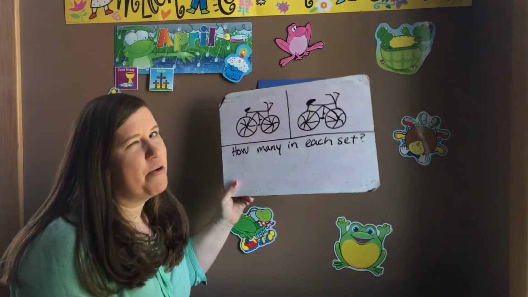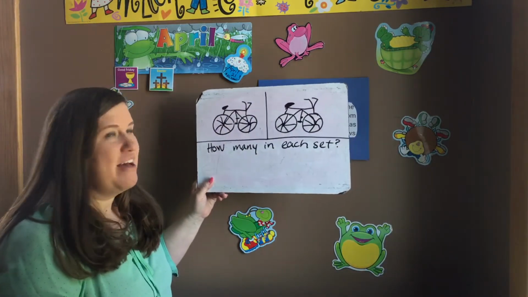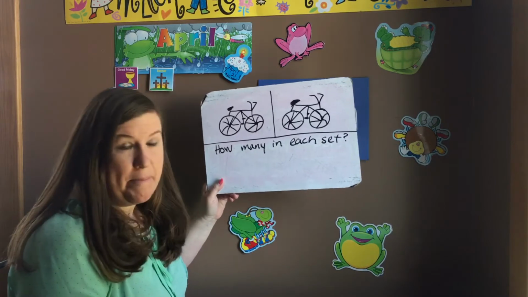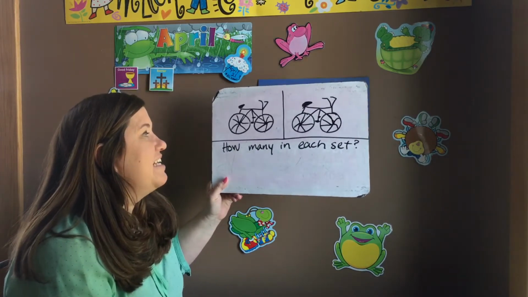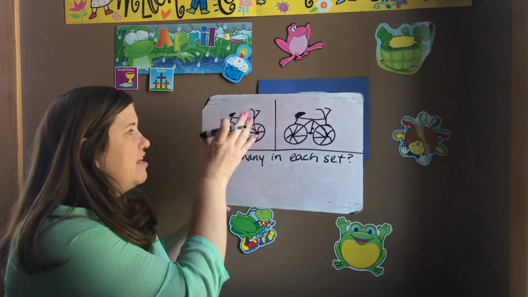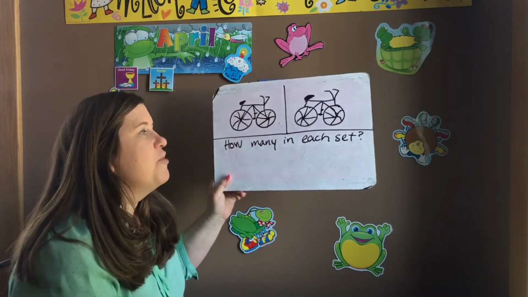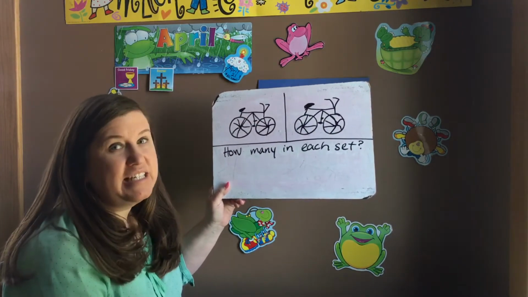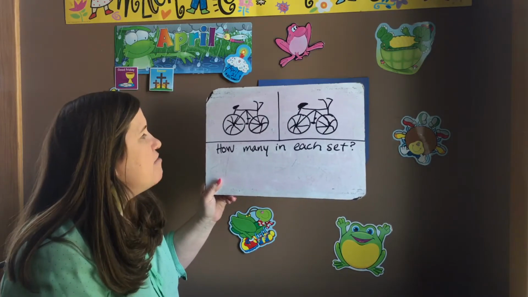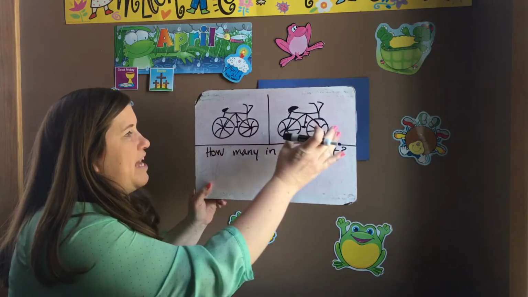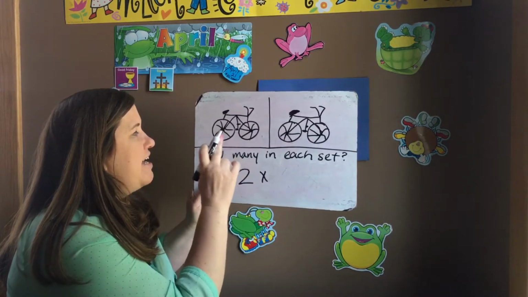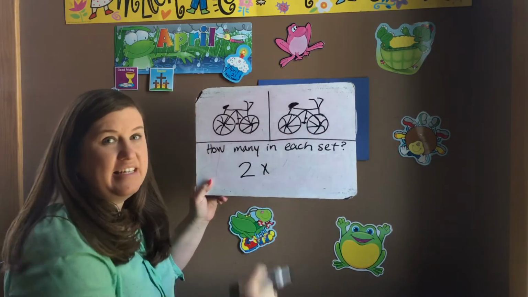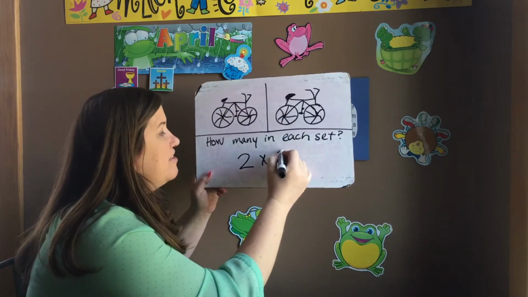Let me show a picture so it's a little more clear. I have drawn some bicycles on here. I want you to think of these like sets. If we have bicycles and we're counting tires, how many sets do we have here? We have 2 sets. And how many tires are in each set? 2.